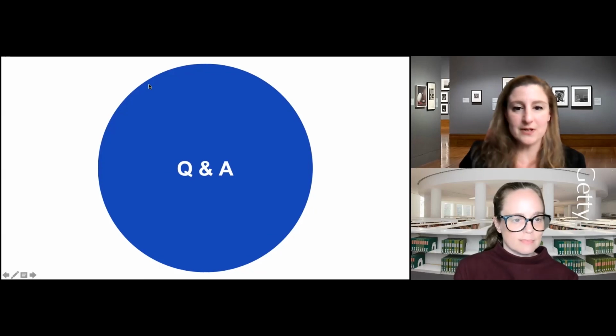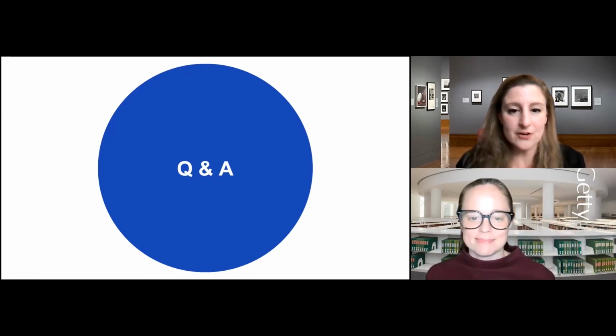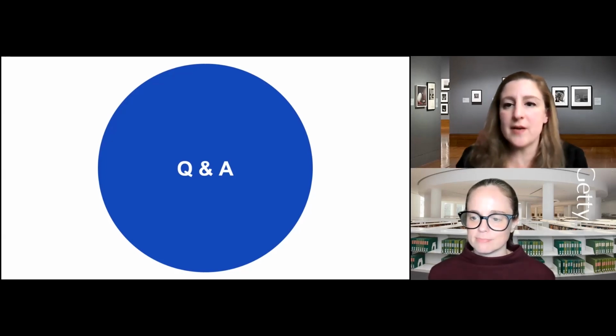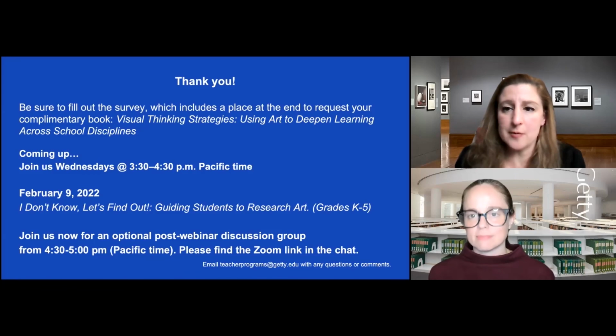So with that, we're going to take a look at all the wonderful questions that you have shared with us in the Q&A, and we'll see how many we have time to answer, realizing that we're a little low on time. Some of them, there was a question about what aspects are doable within lower elementary grades, and I think we've talked a little bit about that.